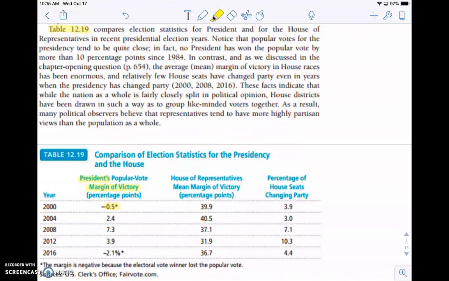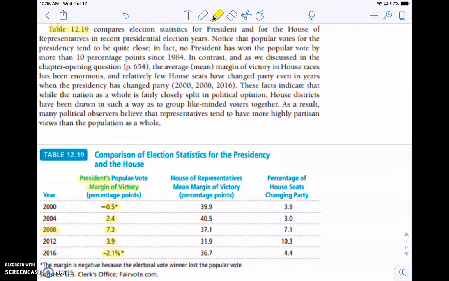So 2000 was President George W. Bush, 2004 was President George W. Bush, and then 2008 and 2012 was President Barack Obama, and then President Donald Trump in 2016. If you compare those numbers, those are pretty tight margins. The biggest margin was in 2008, but those are pretty tight margins.